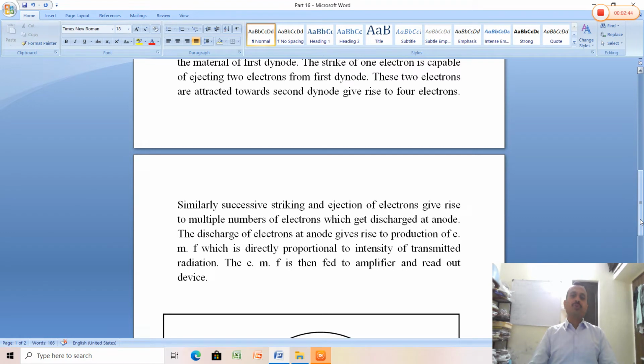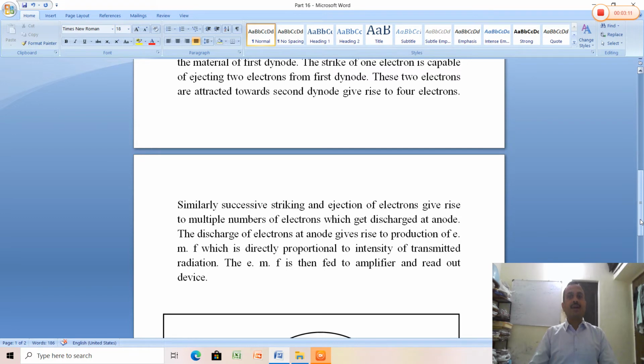So when the photosensitive material gives one electron, this one electron is captured by the first diode with ejection of two electrons. Now these two electrons from the first diode are attracted towards the second diode with multiplication, that is 2 and 2, that is 4 electrons. The 4 electrons coming out from the second diode are attracted towards the third diode.